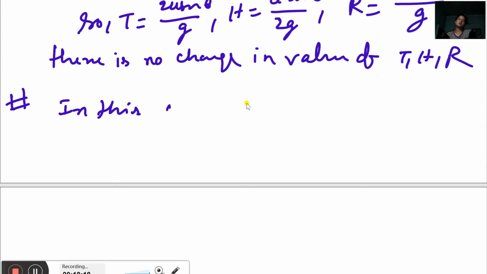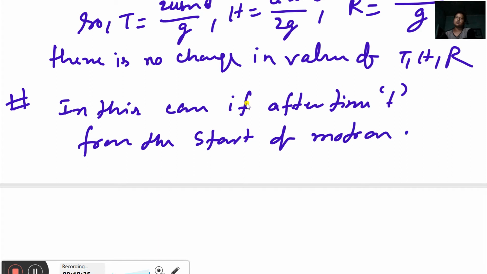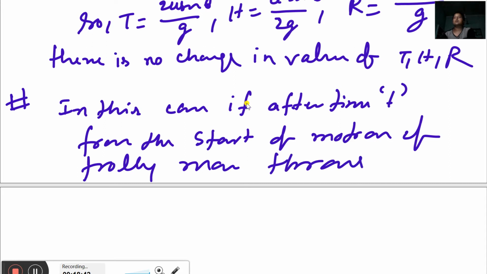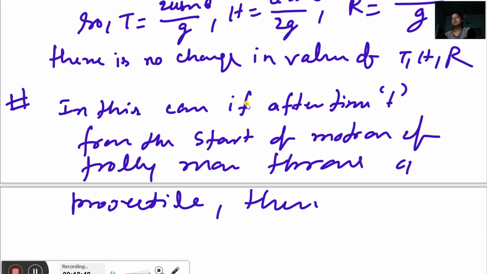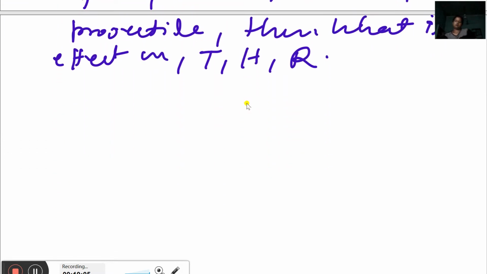In this case, if after time t from the start of motion of trolley, man throws a projectile, then what is the effect on time of flight, greatest height and horizontal displacement range after time t?